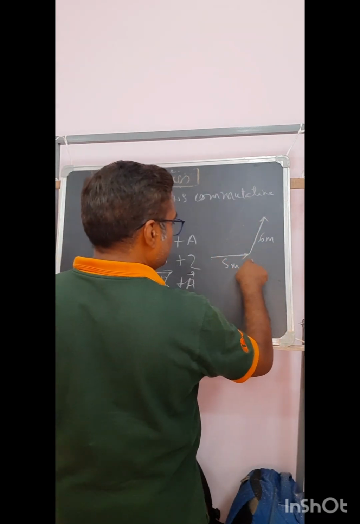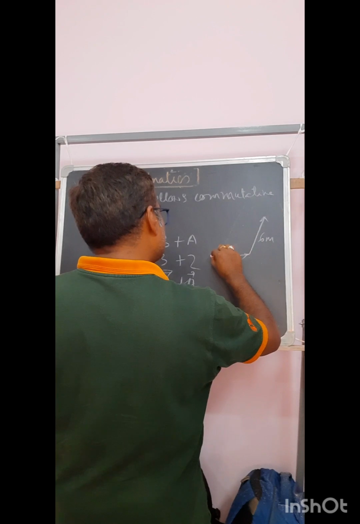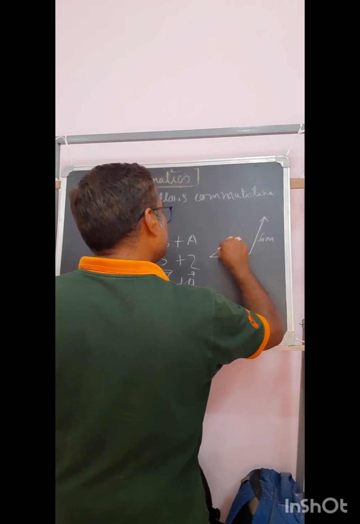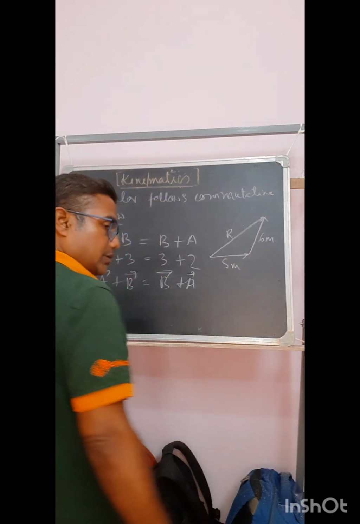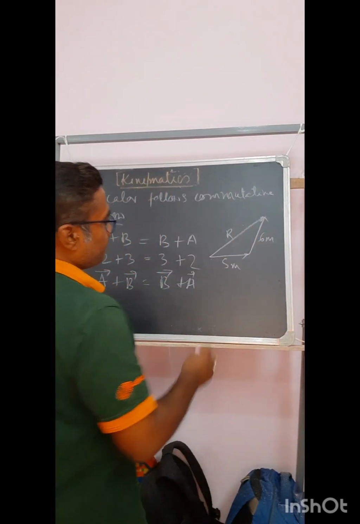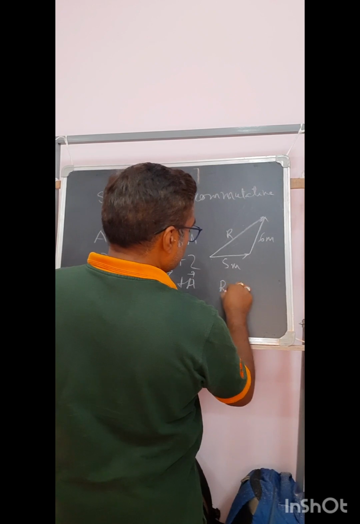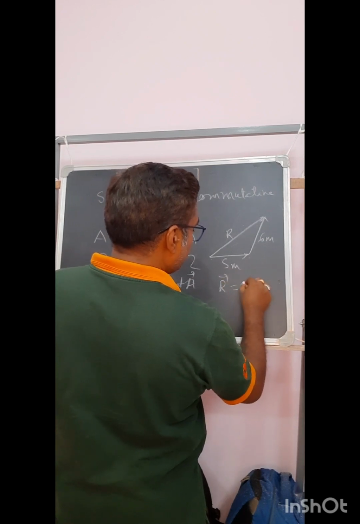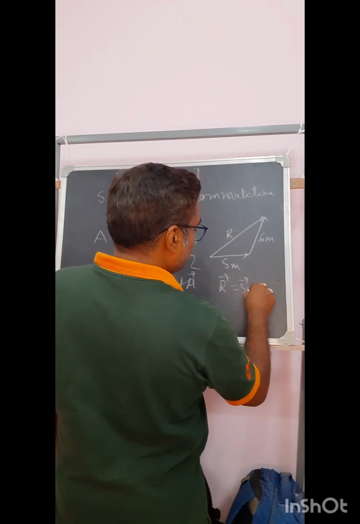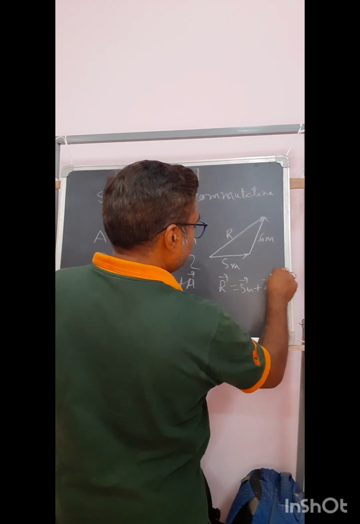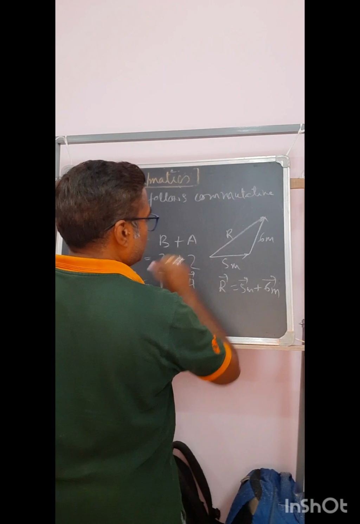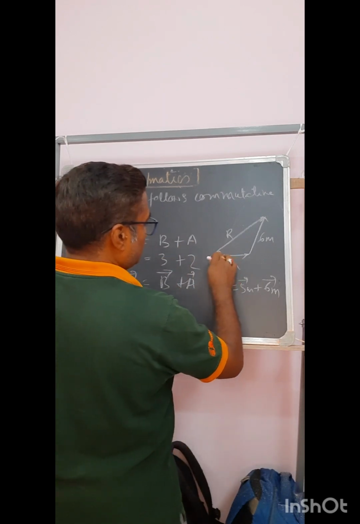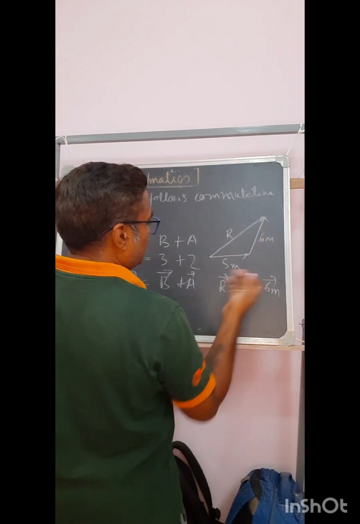So this has moved, this changes direction. So the ultimate is from tail to head. If I add, this will be the resultant displacement. Now if we get r from the vector 5 meter and vector 6 meter, then again, what do I have to do?